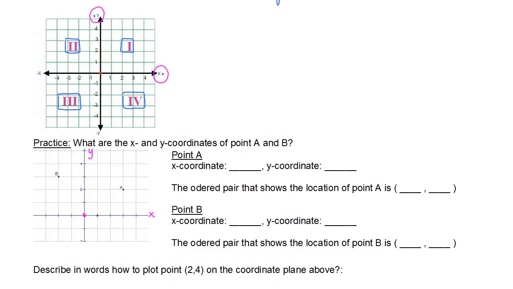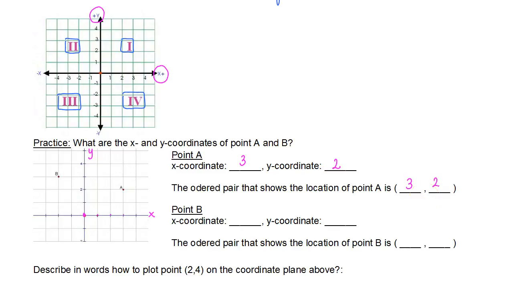I'm going to have to move to the right, 1, 2, 3 units to the right. And because it's 3 units to the right, that x-coordinate would be positive 3. From positive 3 on the x-axis, I would need to go up 2 units to put me at point A, and because I went up 2 units on the y-axis, that would be a positive 2. So the ordered pair that shows the location of point A is 3, 2.